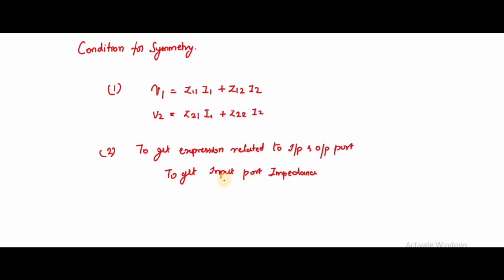So V1 is equal to Z1 I1. Then this is the input port impedance, and to get the output port impedance, V2 is equal to Z2 I2 for I1 is equal to 0.